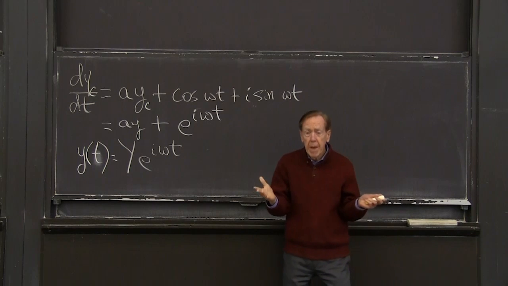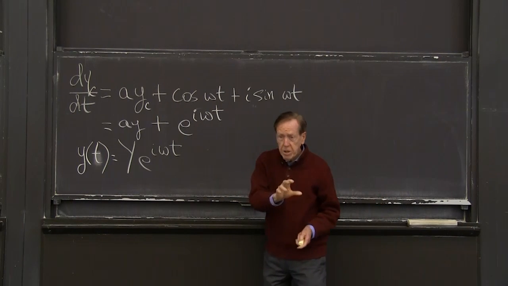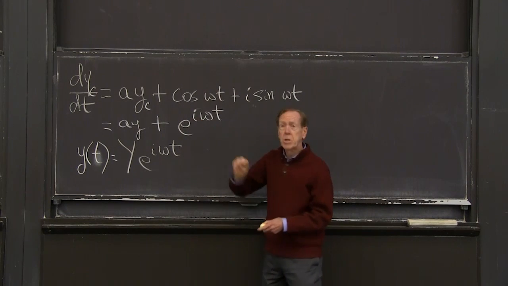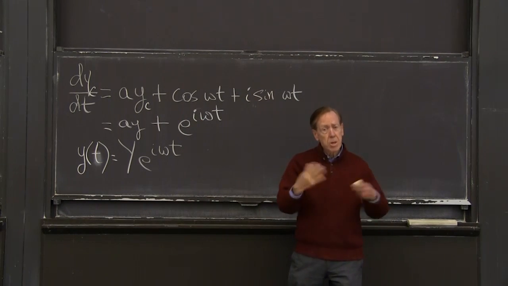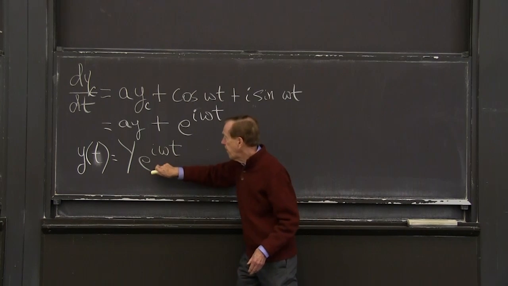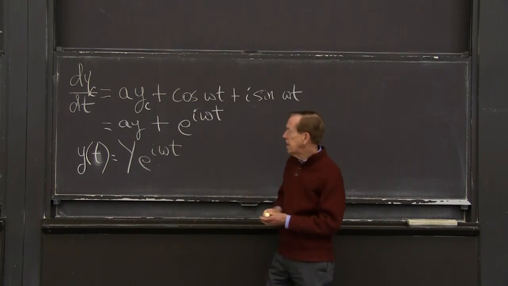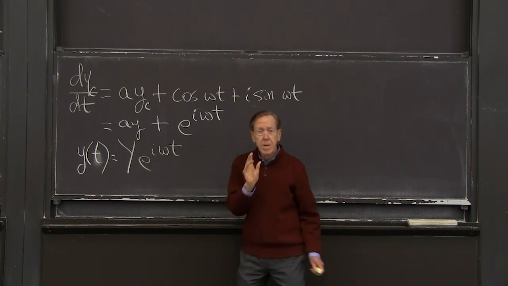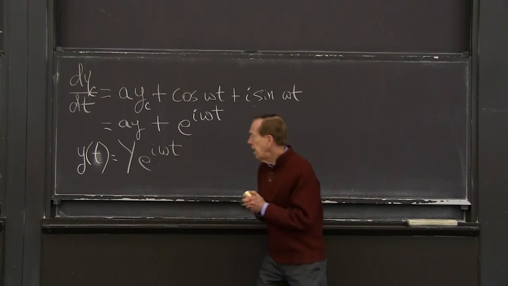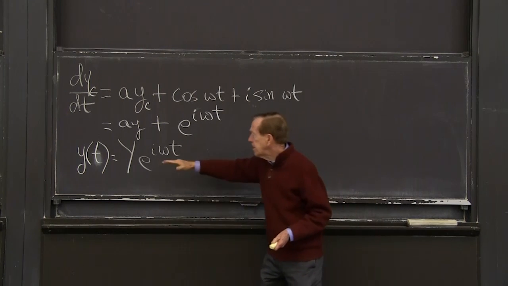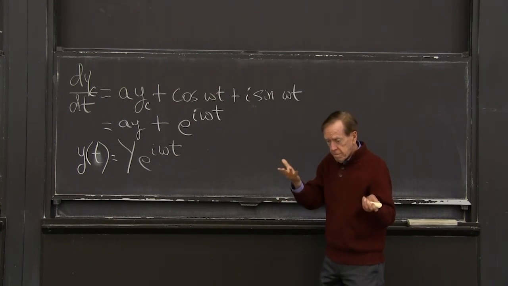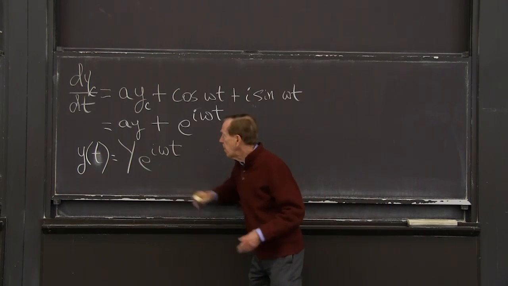And the good part about that, which we saw earlier for exponentials, is that when the source term is an exponential, the solution is an exponential. So I look for a solution with that same e to the i omega t, and it's got some factor, capital Y, that we have to find. And we find that by substituting this into the equation, and then we learn what this capital Y is.